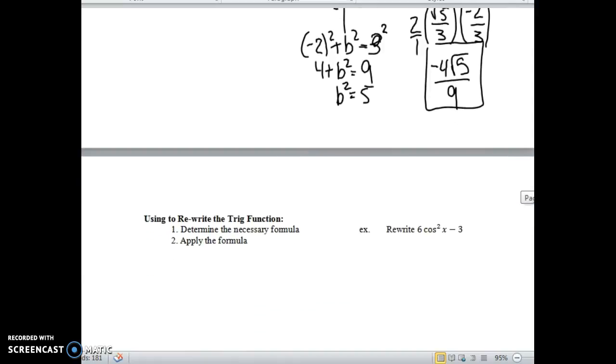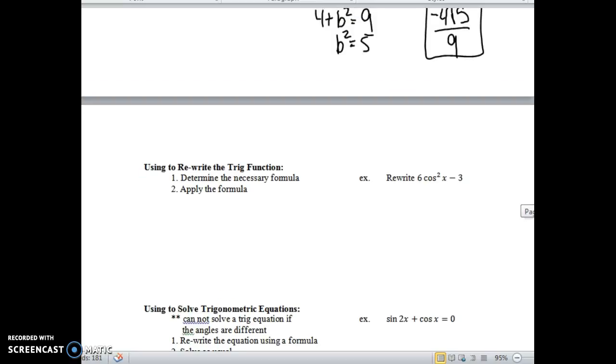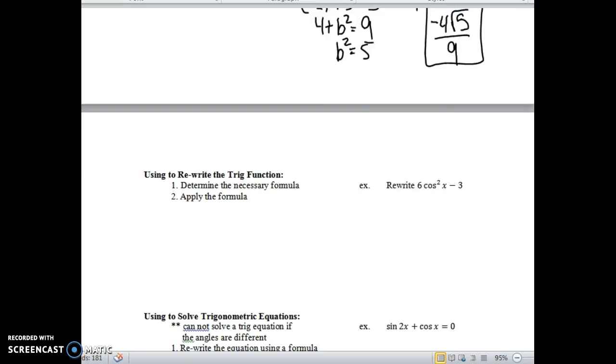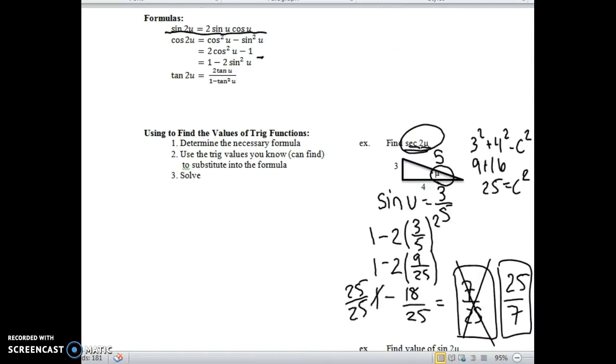Okay. One more thing. Sometimes we like to rewrite the trig function using a particular formula. That comes in handy in calculus when you need to find derivatives, etc. So take 6 cosine squared x minus 3. When you look at your formulas, you ask which one it looks the most like.